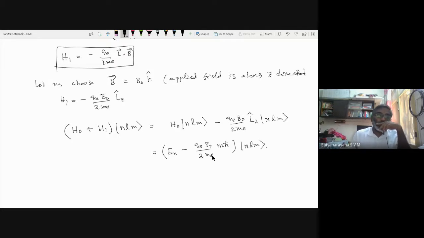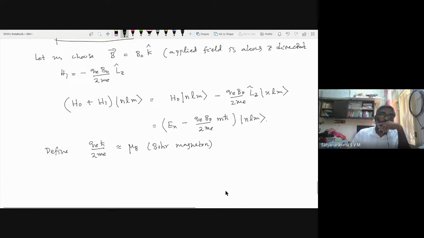Okay, so normally we define something like this, QE H cross divided by twice ME. You define this as some mu B. This is called the Bohr magneton. This is kind of a fundamental magnetic moment.